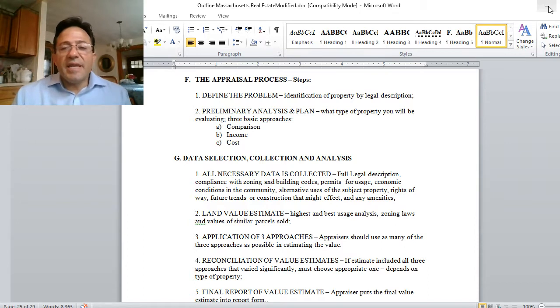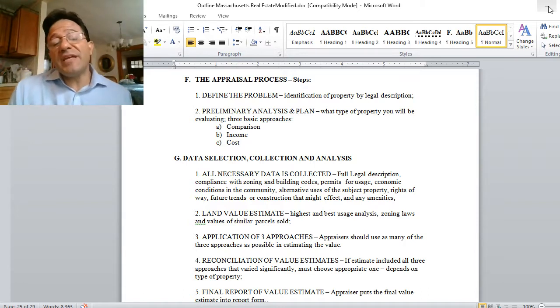An appraiser is engaged by the bank because the bank wants to make sure that the collateral, the real estate that is being posted into the deal, has enough value to support the loan. So that's what this is all about. It's the bank making sure that its interest is secured. That's it in a nutshell.